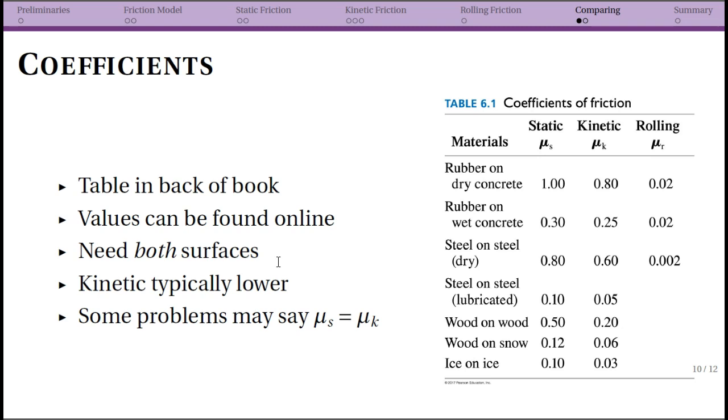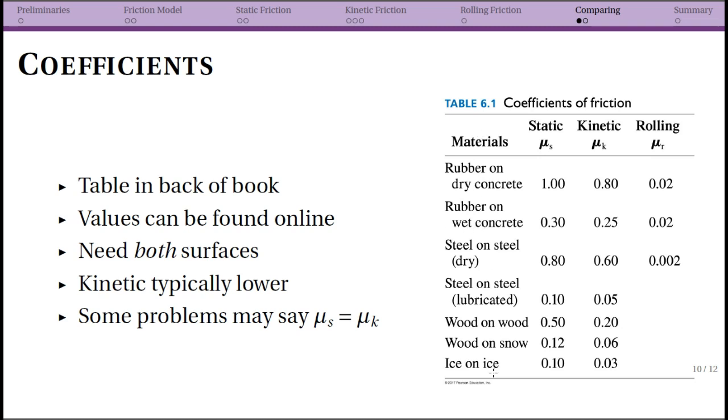So what's important to recognize is that you need two surfaces, right? There are two surfaces interacting, and what's happening microscopically depends on both surfaces. So whenever you look at your coefficients of friction, it will say one thing on another. So wood on wood is different than wood on snow, or ice on ice is going to be different than, say, metal on ice.